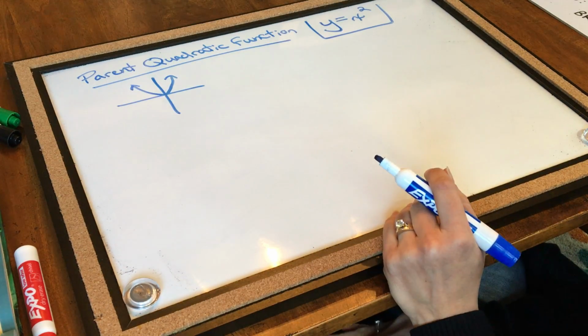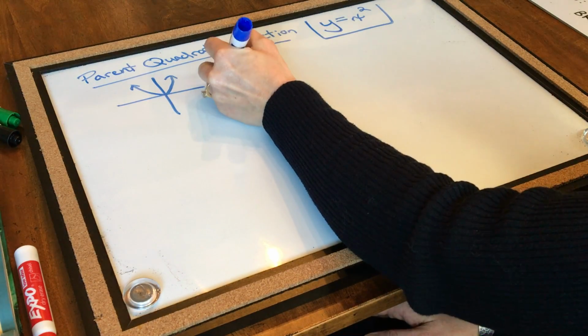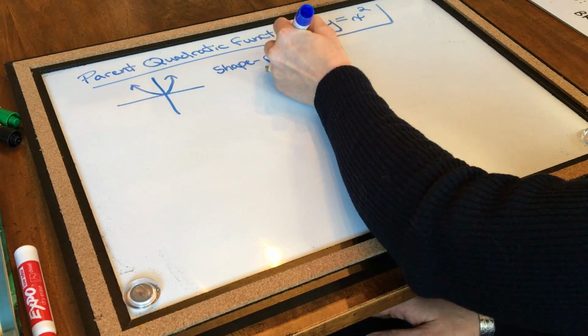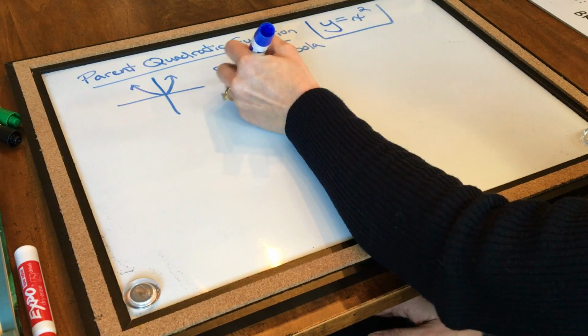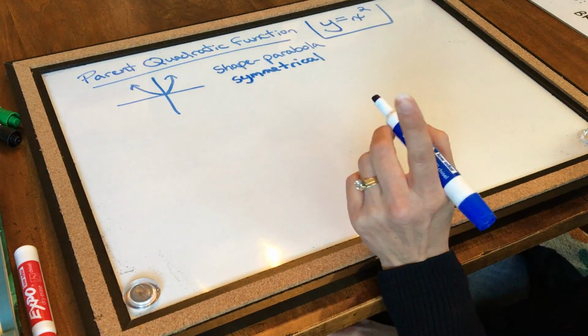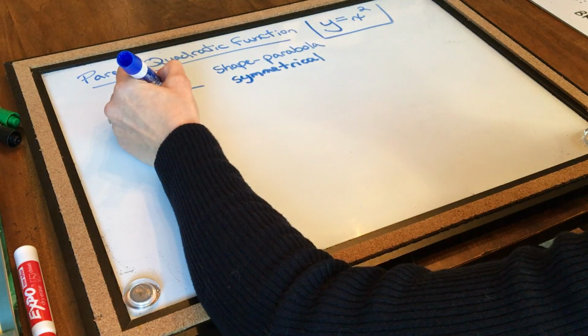Quadratic functions always have a very specific shape. Its shape is called a parabola, and a parabola is symmetrical, and it has a couple of important points. So here's some important points.